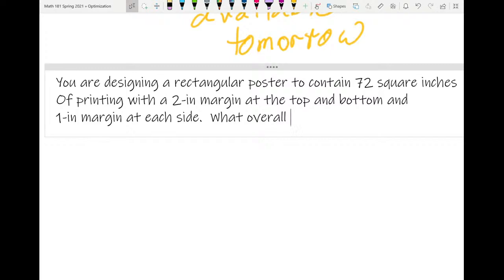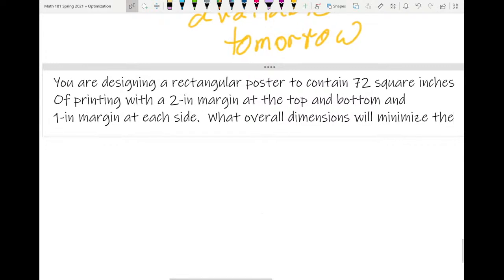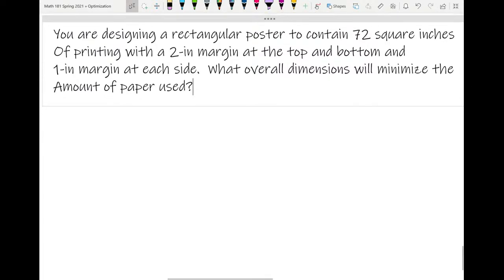What overall dimensions will minimize the amount of paper used? So this is a hard one.